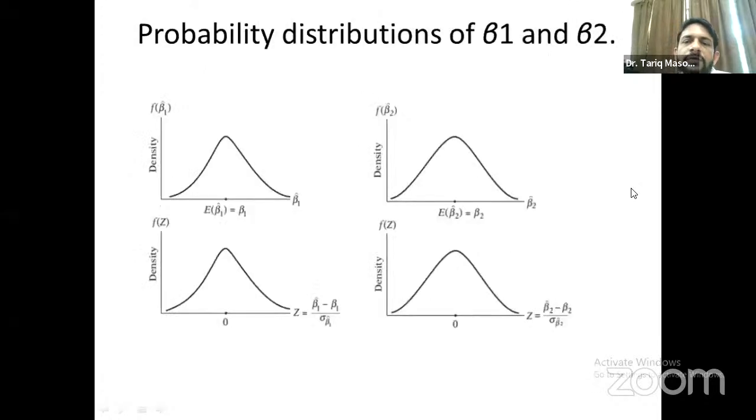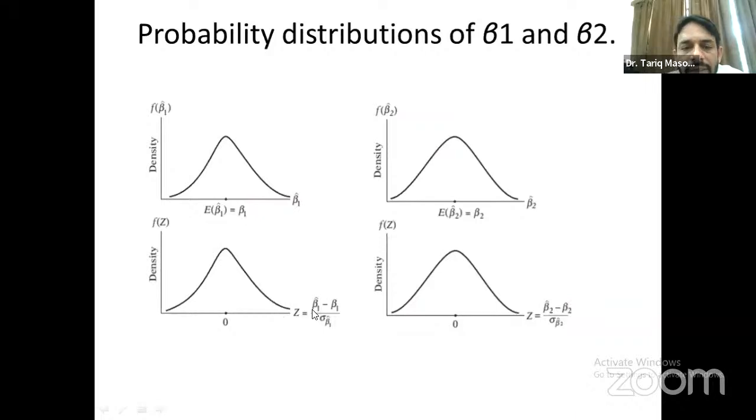Okay, this is the graphical distribution of the parameter estimated by the OLS method. There is a normal distribution in all these graphs. The first graph is of beta 1, and this is standardized beta.